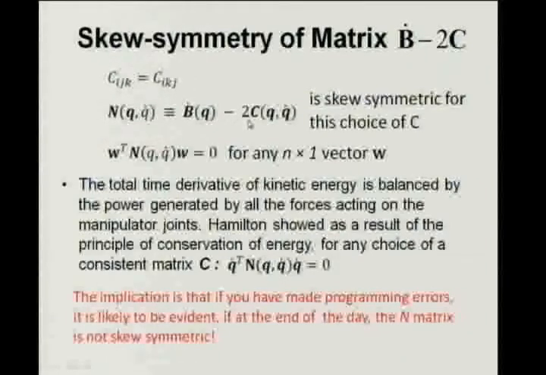And if it is not skew symmetric, that means your model is giving you something weird, which means some terms which you have ignored in your derivations are now becoming prominent. Okay, so you need to think about it again.